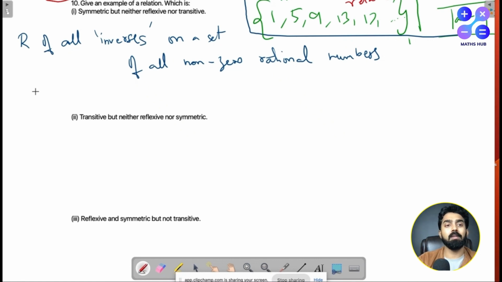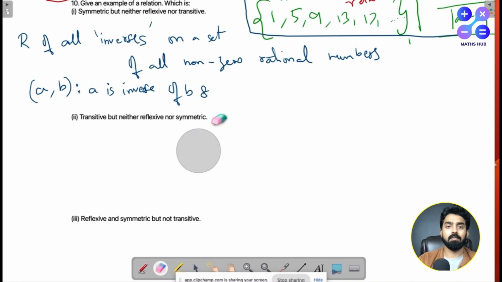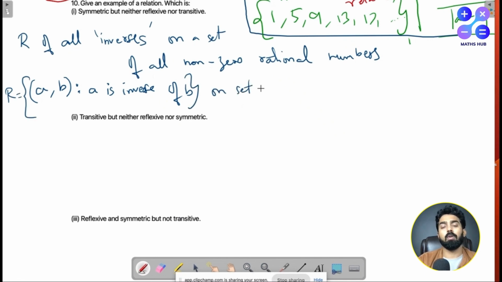Let's say, for example, a comma b, such that a is inverse of b. So the relation is a comma b such that a is inverse of b on the set of all non-zero rational numbers.